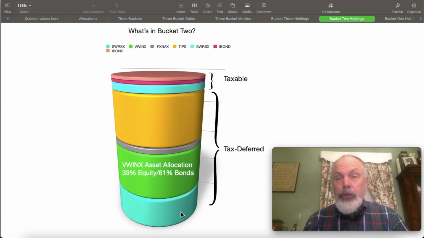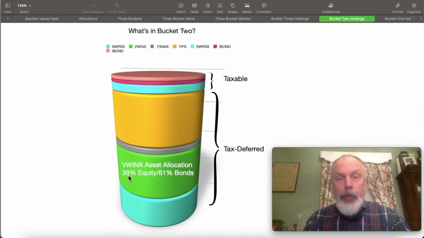I'm using the same Schwab TIPS fund in both my taxable and tax-deferred accounts for now, just to keep things simple. It's SWRSX.